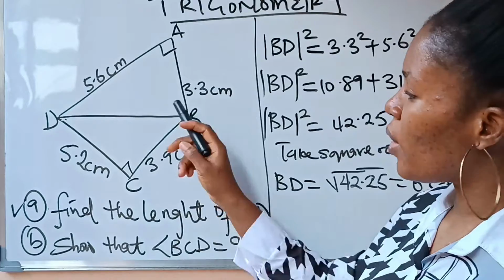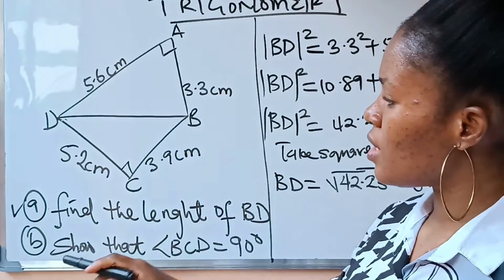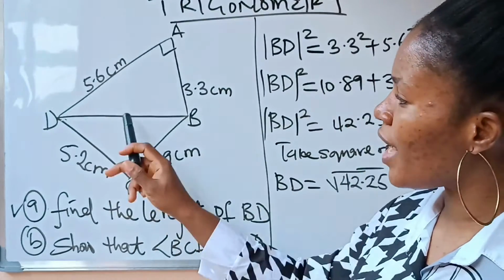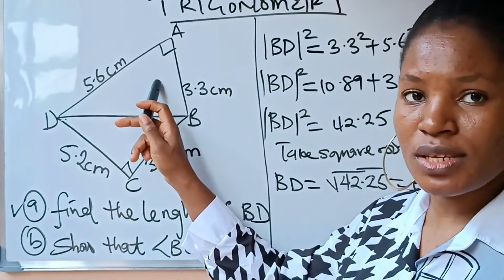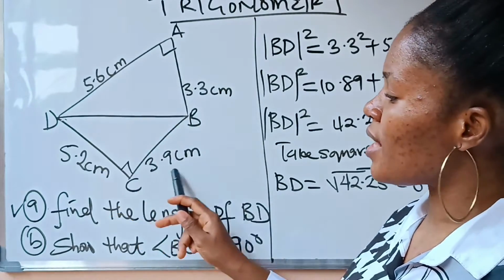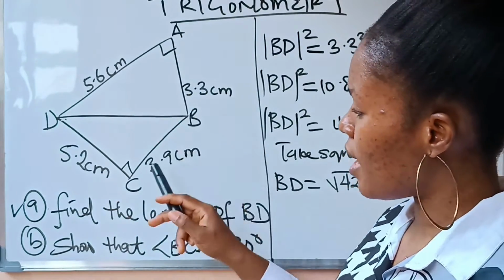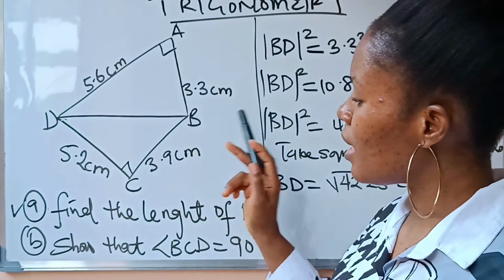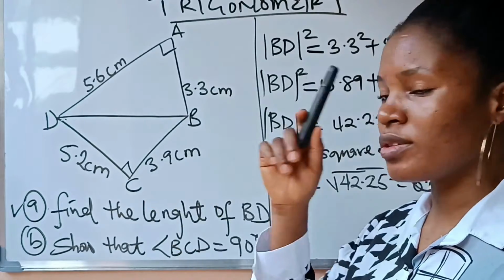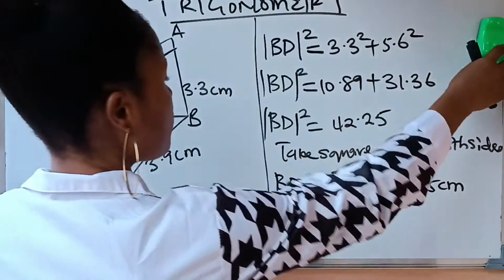When we do this squared plus this squared, just like we did here, we are supposed to get the same answer that we got using the other angle. Once you're able to establish the same answer, that means the angle here is 90 degrees, because that is the only way this place is going to be 90 degrees. So let's go ahead and do that.